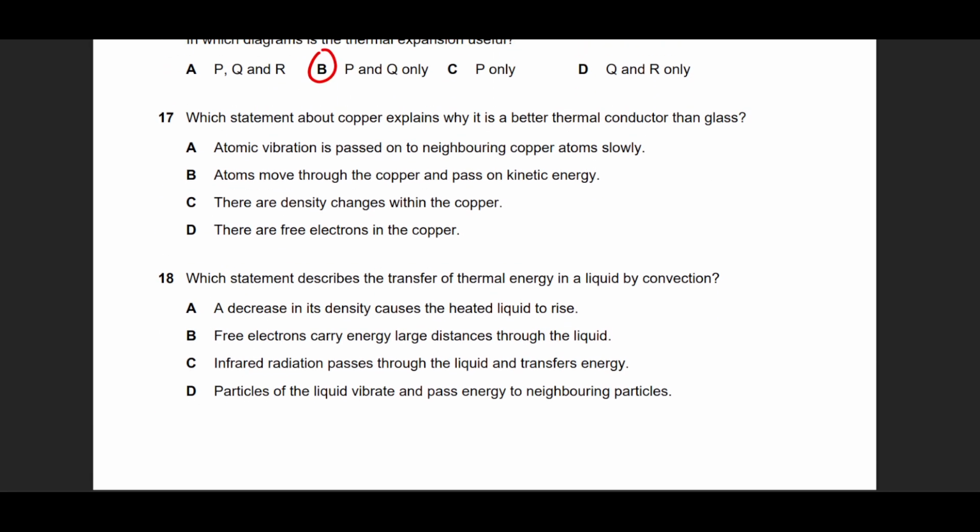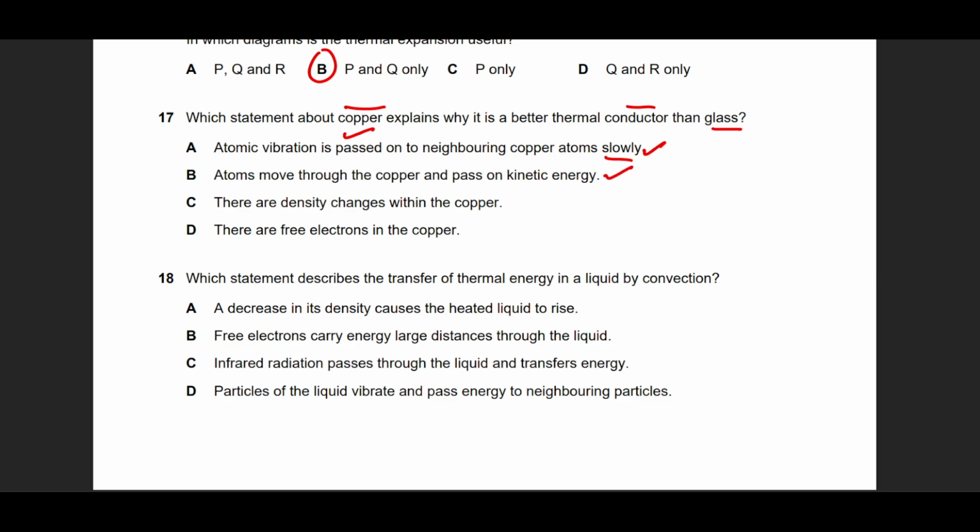Question 17, again from, I suspect, conduction, convection, radiation. Which statement about copper explains why it's a better thermal conductor? So atomic vibrations, they are present, but yes, it causes it to move slowly. Through copper, pass on kinetic energy. Yeah, we understand that these both statements are true, but does it explain why it is better than glass?